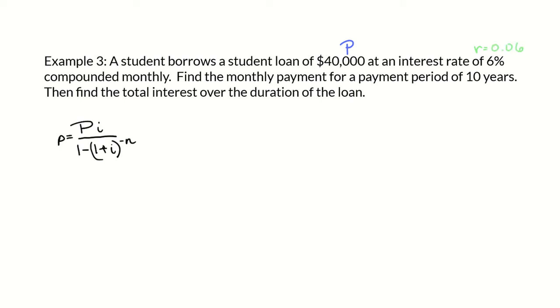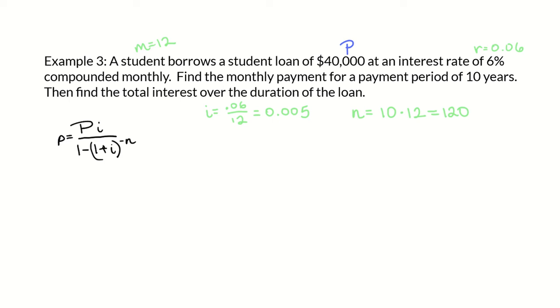Compounded monthly means 12 periods per year. So that means that the value of I is equal to the rate 0.06 divided by 12. So that will be 0.005. And then the value of N is the number of years, which is 10, times the periods per year, which is 12. So N is 120.